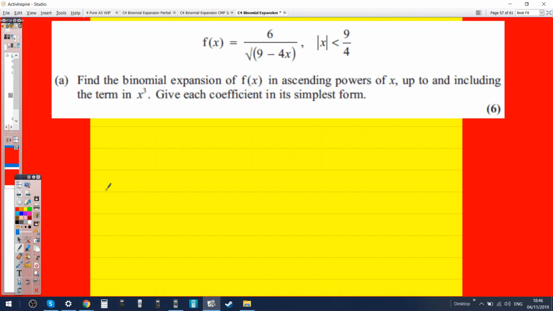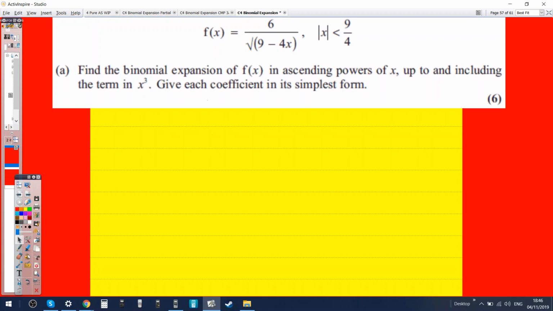Okay. 6 over root 9 minus 4x. So that becomes 6, 9 minus 4x to the half, minus a half. And then we factorize out the 9.